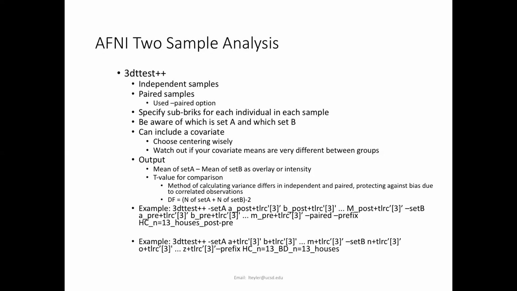And again, that's just a general statistical principle, so be careful with that. There's discussion of both of these things in the help file for 3dttest++, which is like 10 pages long or something. Okay, and then what you're going to get out, again, is two subbricks.